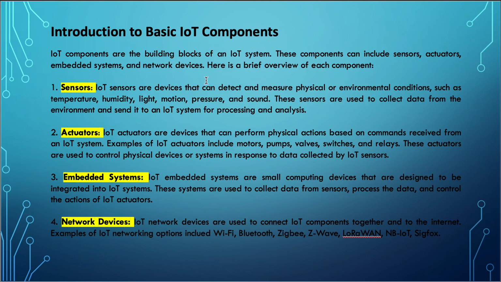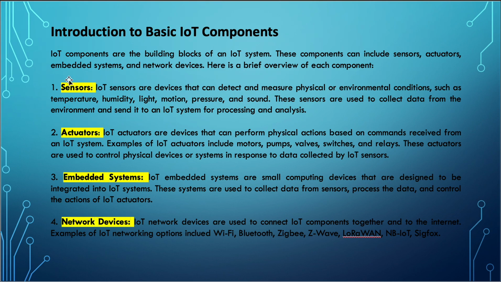Here we are talking about making either an IoT device or a simple embedded IoT system. Here we are talking about the components needed to create an IoT device or a small embedded IoT system.